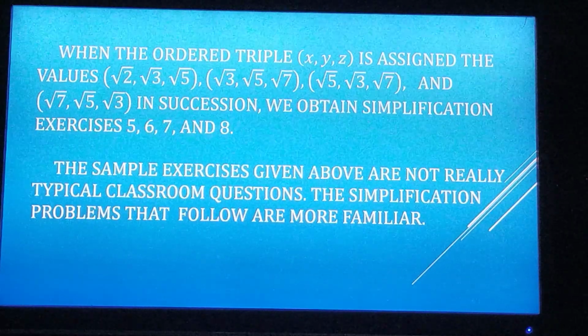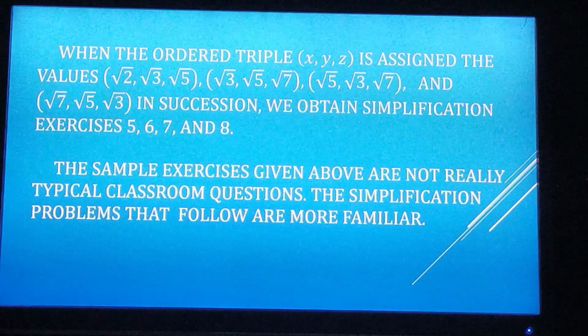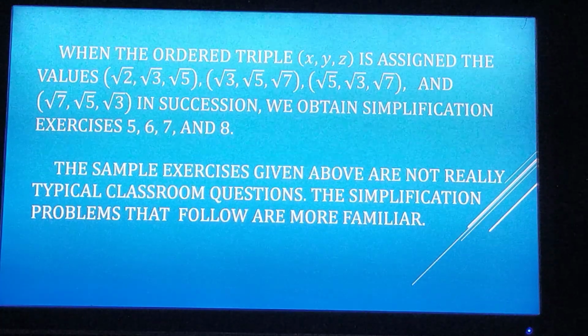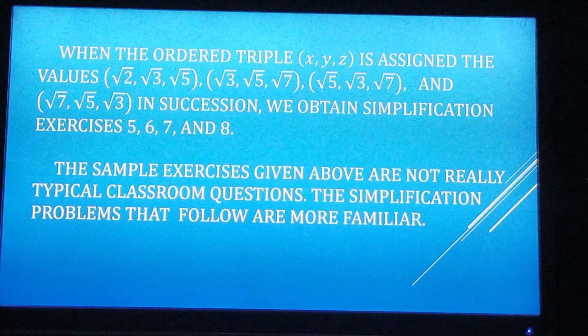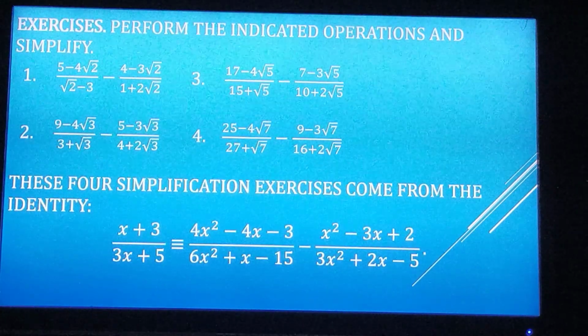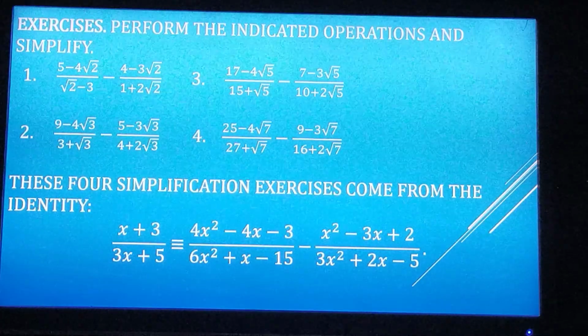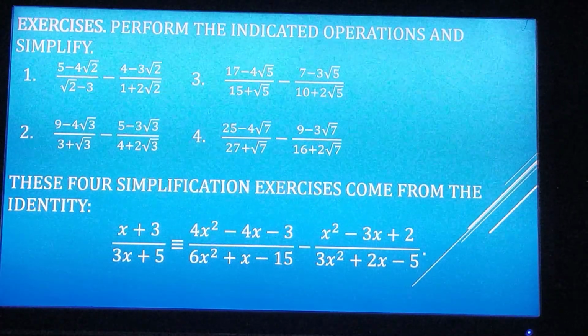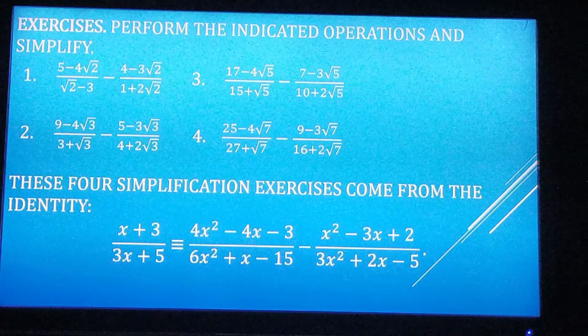The sample exercises given above are not really typical classroom questions. The simplification problems that follow are more familiar. Okay, so this is more familiar. We see this in textbooks on college algebra.